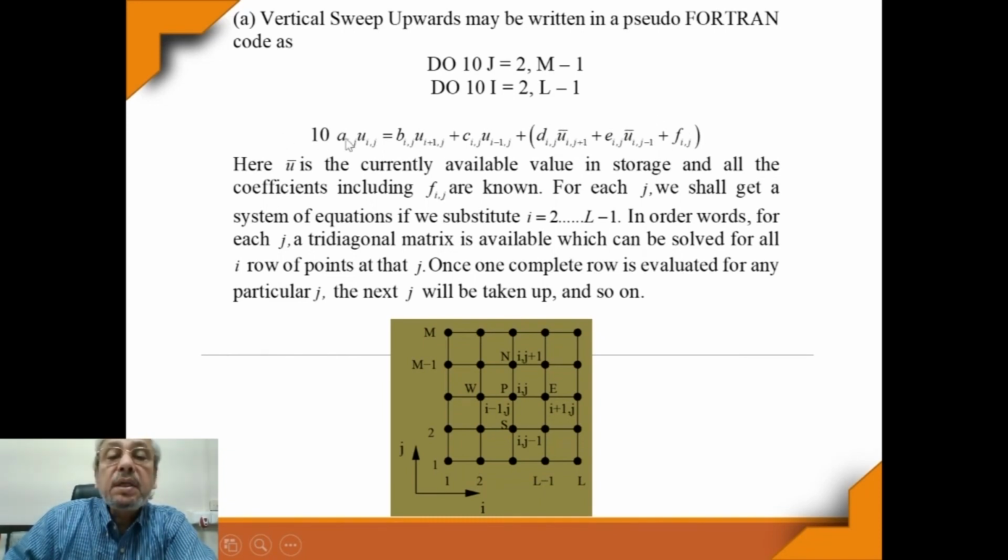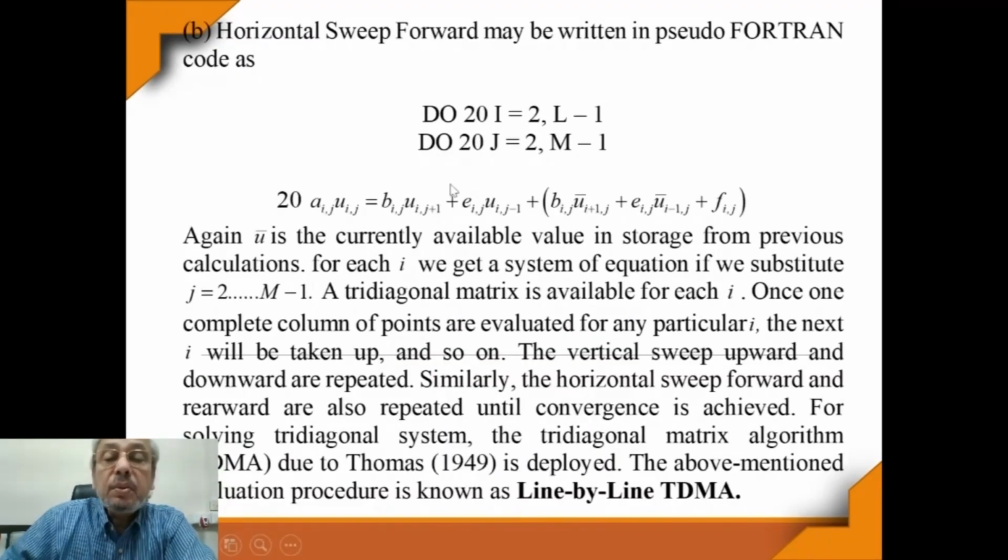So through the algebraic equation, we are updating these quantities I plus 1, I minus 1 at a given J. Now, at this stage, these barred quantities are I plus 1, I minus 1, and the equation is implicit in the J direction.